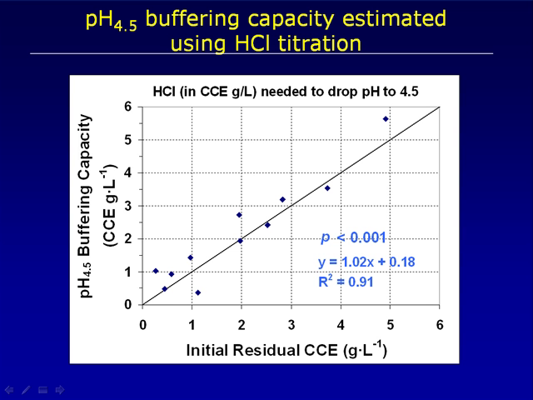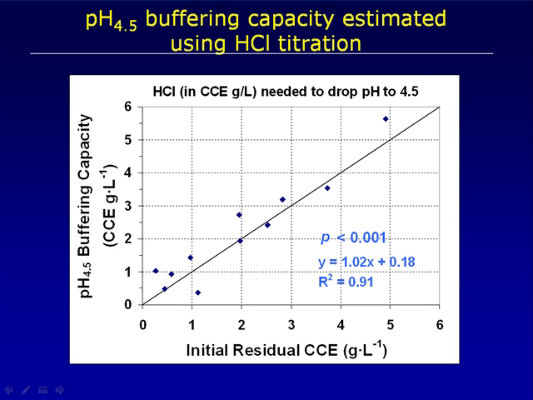There's another concept that we use in terms of buffering using the HCl method, and that is this pH 4.5 buffering capacity. That refers to how much hydrochloric acid is needed to drop pH in that substrate to around 4.5. We don't emphasize that technique in our protocol, but in our research work we've added different milliequivalents of HCl per liter of substrate to get a titration curve.